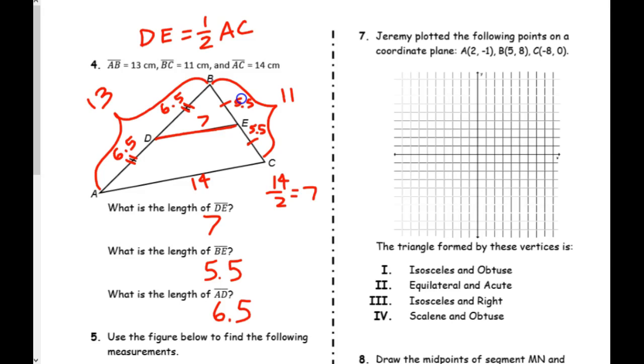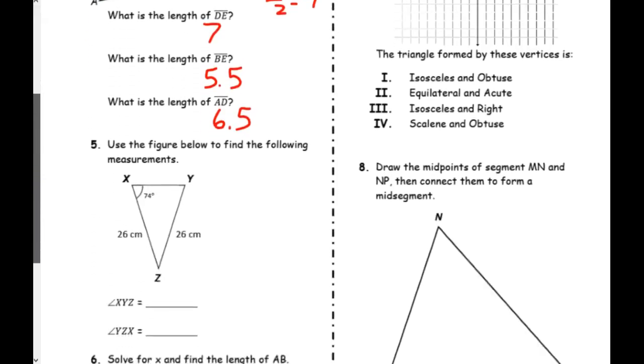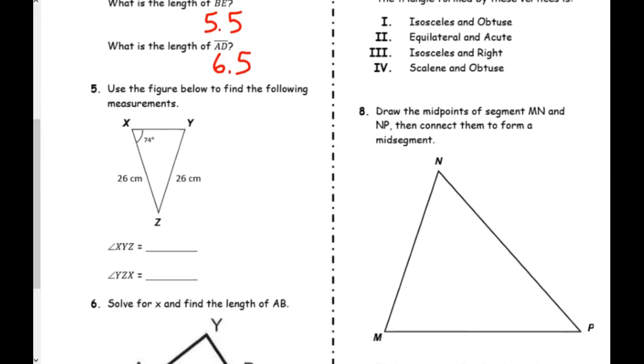Alright. Mid-segments. Use the following below to find the following measurement. Across from 26 has to be 74. Okay, so now I'm looking for X, Y, Z, which I just labeled, so that's 74 degrees.